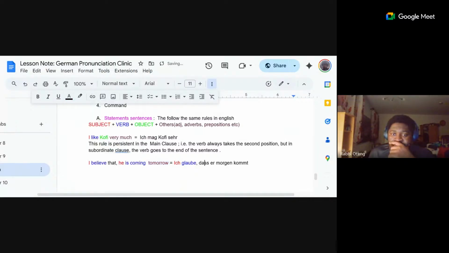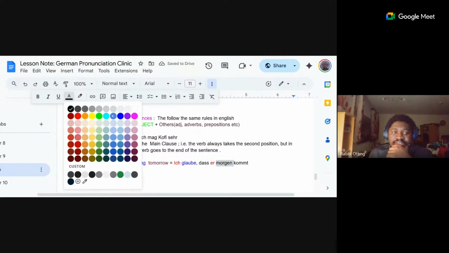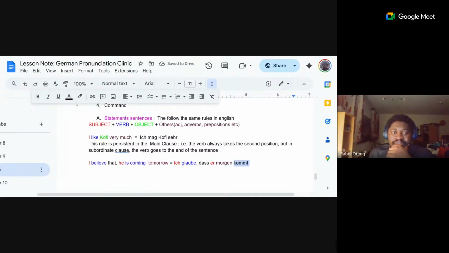In German, in the subordinate clause, the subject comes, the others follow, then the verb goes to the end of the sentence. Basically, that's statement sentences.